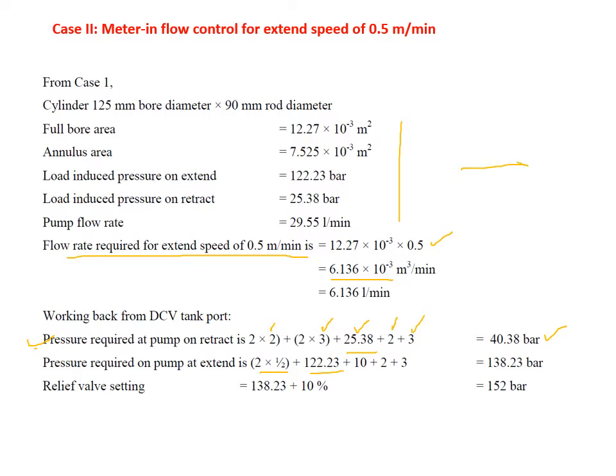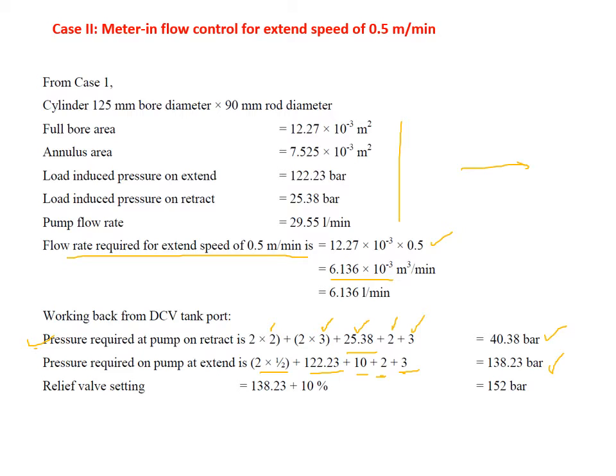The extension force was around 150 kilonewton, so to overcome that, this is the pressure requirement. Plus 10 bar is the drop of pressure across the flow control valve, plus 2 plus 3. This 2 bar is for DCV and this 3 bar is for filter. So the total pressure required will be 138.23 bar.